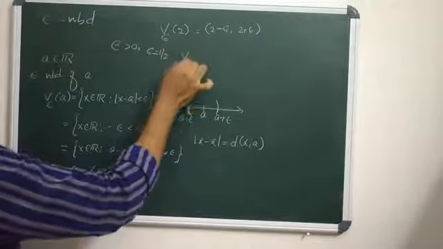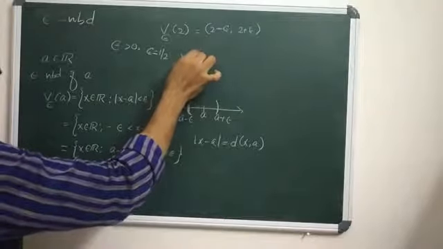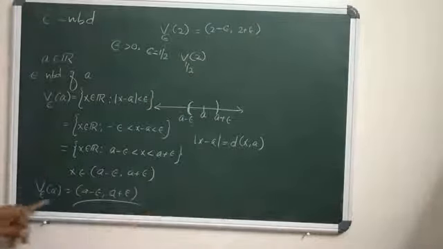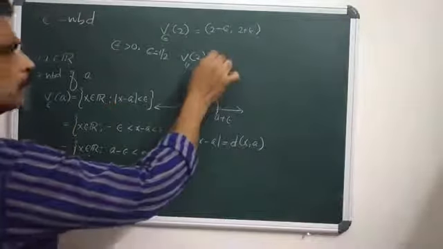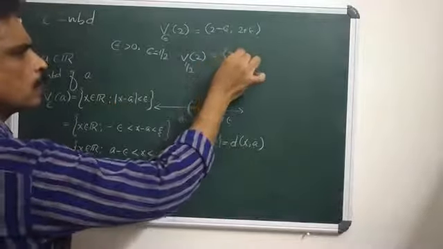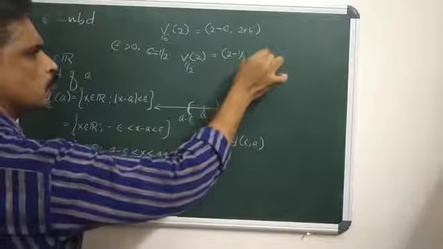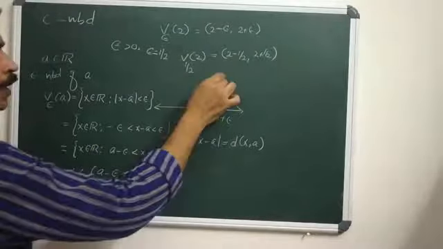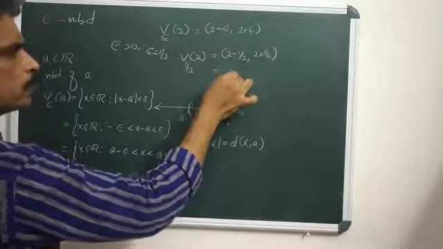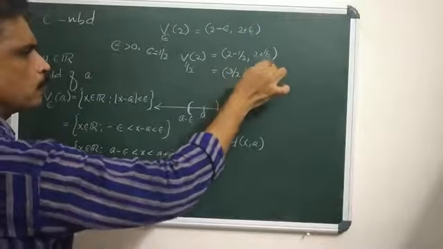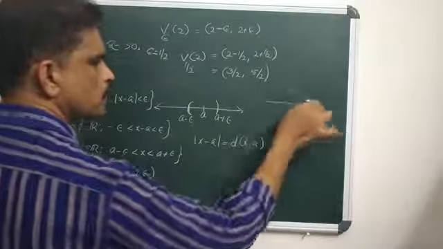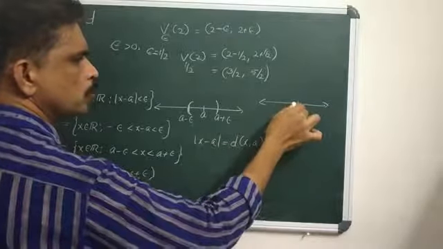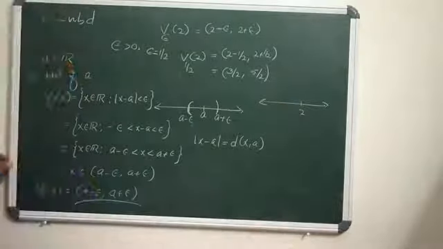Then the half neighborhood of 2 is nothing but the open interval 2 minus 1 by 2, 2 plus 1 by 2. That is, the open interval 3 by 2 and 5 by 2. So on the number line, this is the 1 by 2 neighborhood of 2.